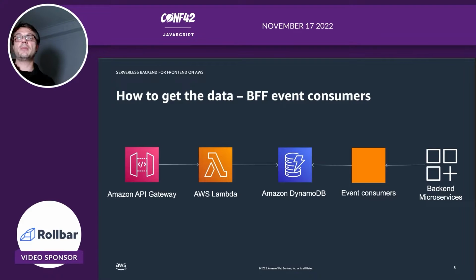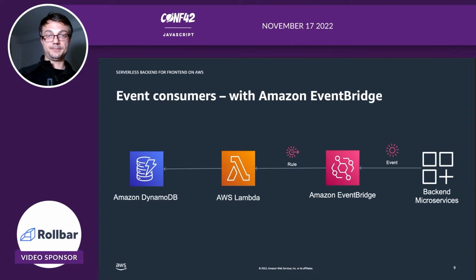We can have different microservices running in our backend owned by different teams, but then we will need a set of event consumers which will either get the events in an event-driven architecture from those microservices, or go explicitly to those microservices, querying them and storing that data into a DynamoDB table. Let's look in the details how you can approach implementing those event consumers with, again, AWS services.